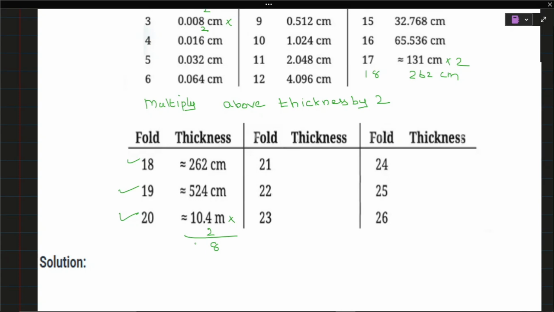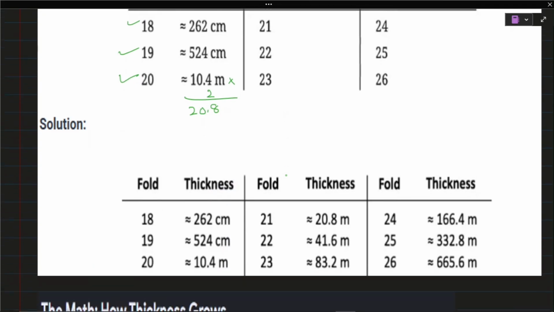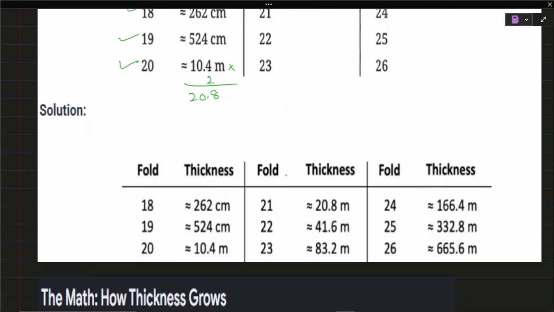So 2 4s are 8, 2 10s are 20, 20.8 meters. Here the 21st thickness will be 20.8 meters. Now you can find the 22nd thickness by multiplying this answer by 2. So the answer will be 41.6.